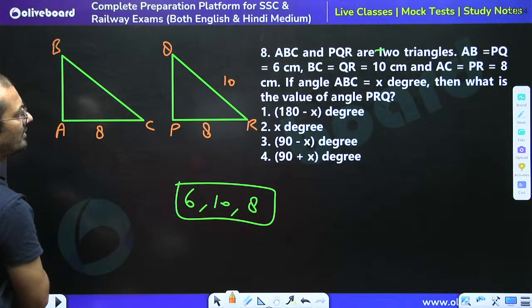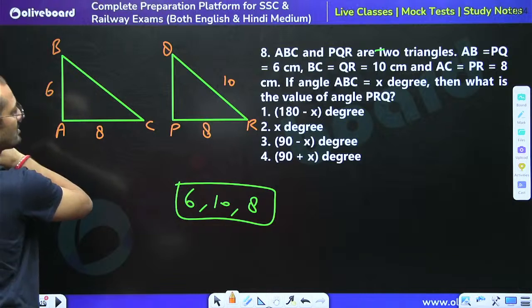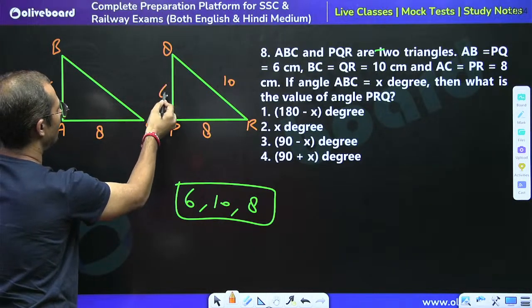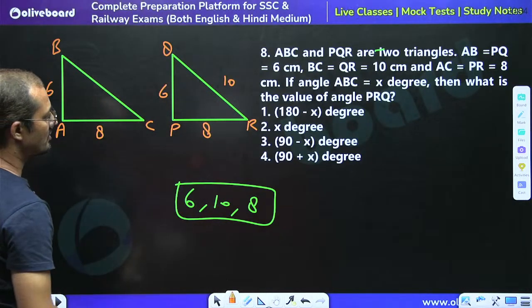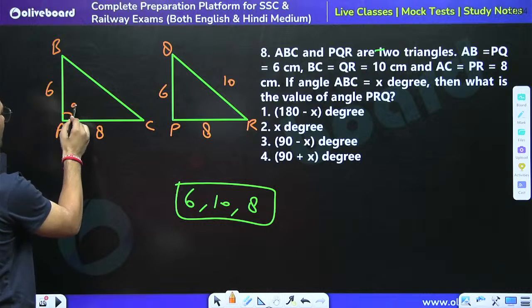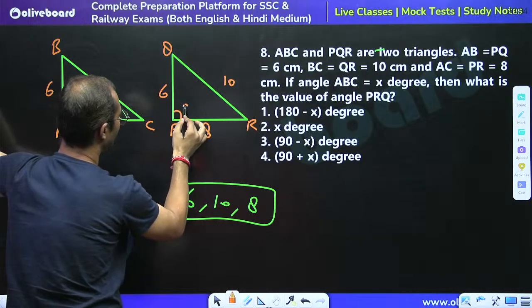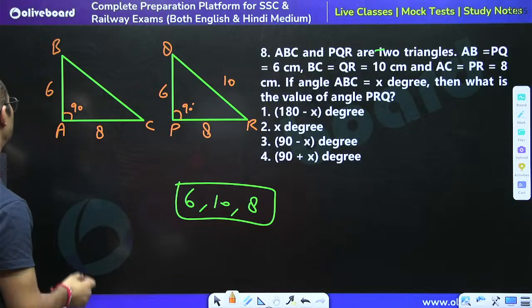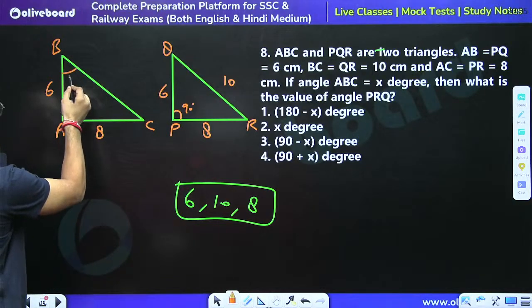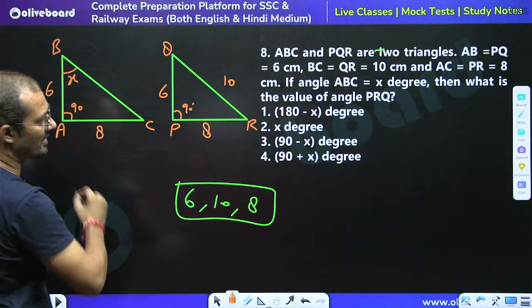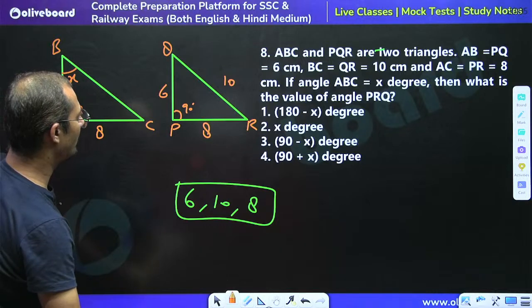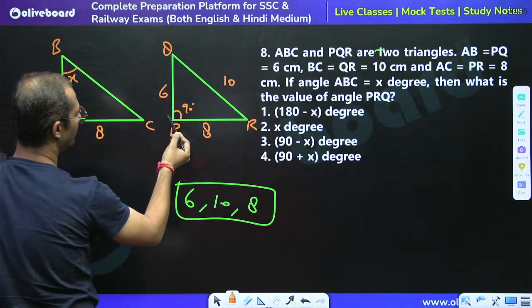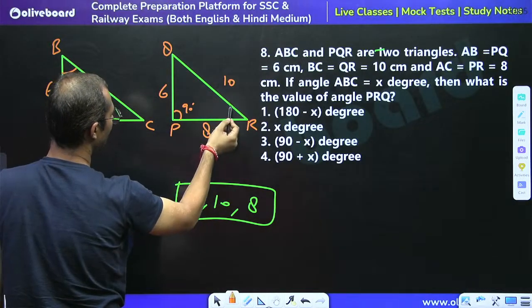And AB is equal to 6 and PQ is equal to 6. Got it? So this is the triplet. So we can say that this is 90 degree, right? Yes or no? If angle ABC is X, then what is the value of angle PRQ? So we have to calculate this value.